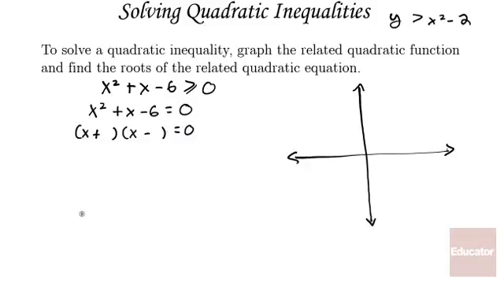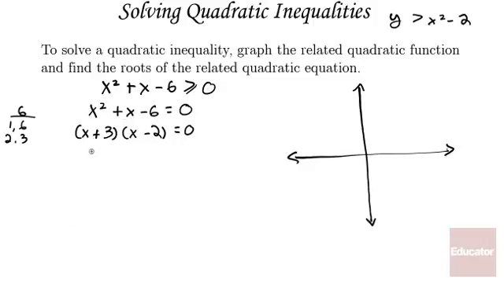I also know that my middle term is x, so I have to look at factors of 6, which are 1 and 6 and 2 and 3, and look for a combination that will add up to 1x. It actually turns out to be x plus 3, x minus 2, because that would give me negative 2x plus 3x to give me x for the middle term.